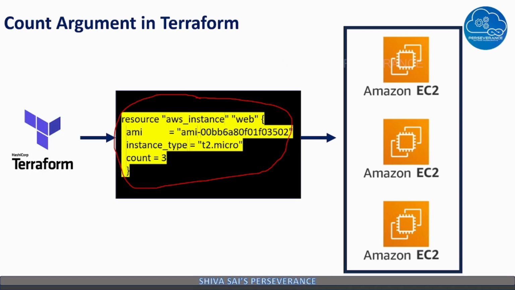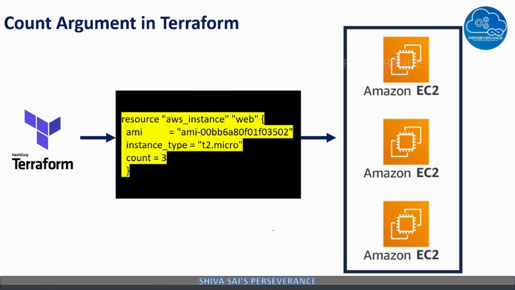But the name is not in our control here, meaning the name of the instances, so we need to check other ways, which we'll discuss later. This simple code will deploy 3 EC2 instances using the count argument with t2.micro type with this particular AMI as per this configuration.